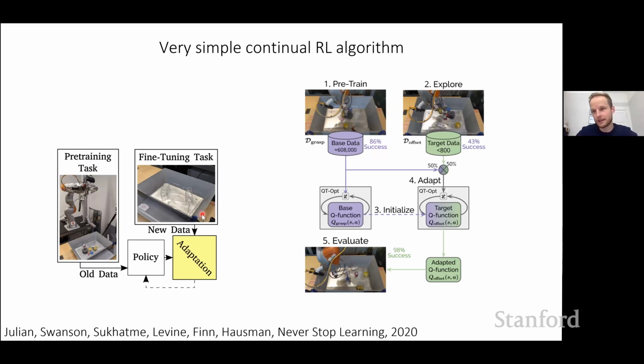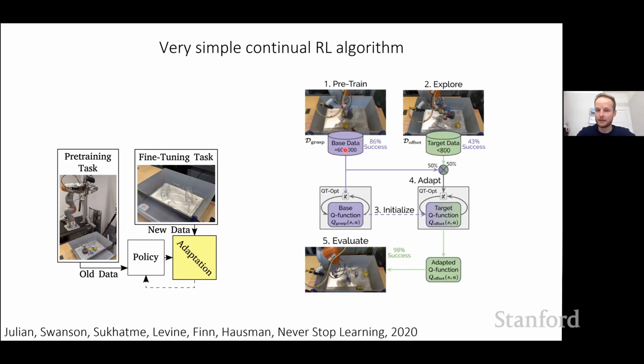All right, so this is the fine-tuning, or the very simple continual RL algorithm that we came up with. It's very, very simple. So this is how it works. We start with the pre-training data set. In this case, actually, we made it a little bit bigger. It's 608,000 grasps. And using that data set, we achieve 86% success in this original scene.